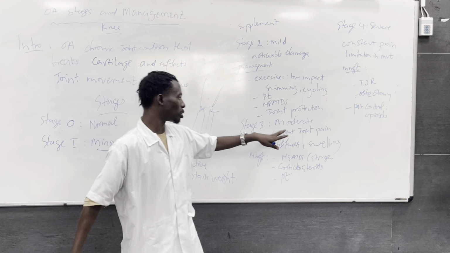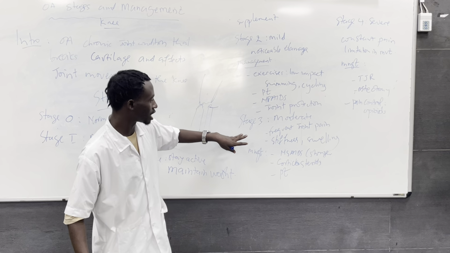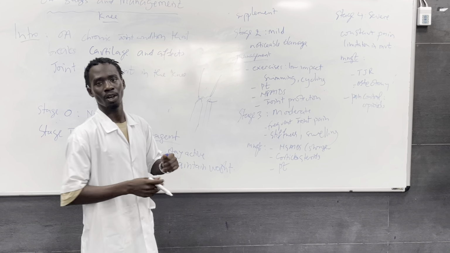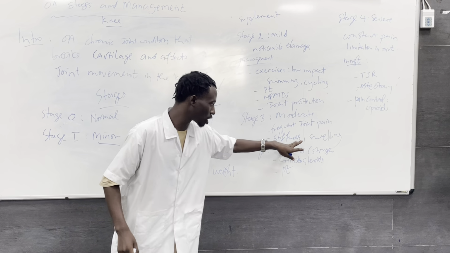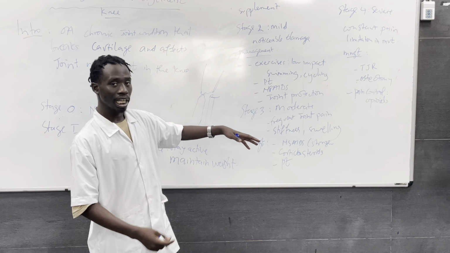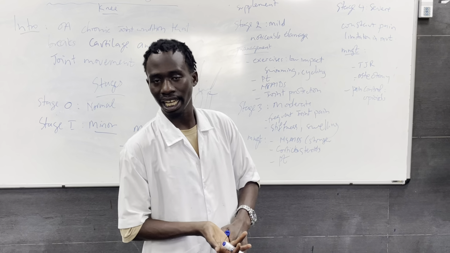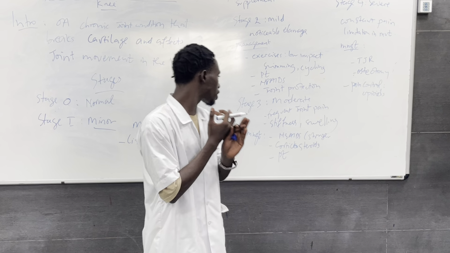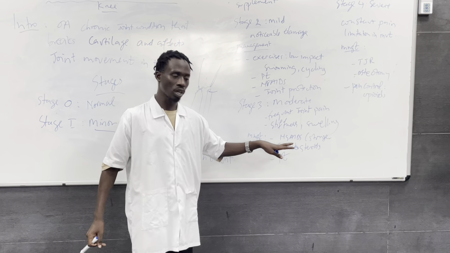Stage 3 is moderate, which means there is frequent joint pain. Joint pain is there too much, and it comes alongside stiffness and swelling around the joint. In its management, you should take NSAIDs like paracetamol or ibuprofen to reduce pain. You have to take stronger NSAIDs.